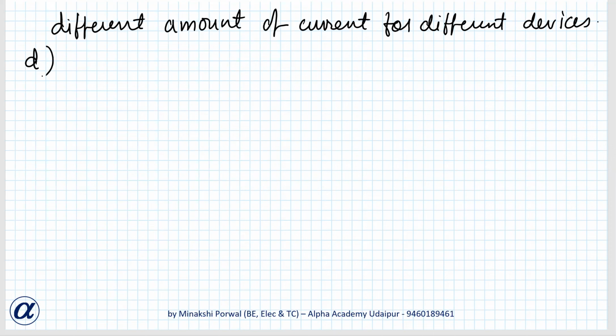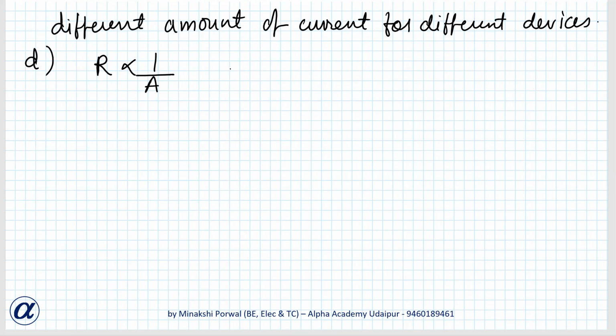Who can tell this answer? Yes, Mudit. The resistance of a wire is inversely proportional to its cross-sectional area. So a thick wire has less resistance and a thin wire has more resistance. Good. So you can write R is inversely proportional to 1 upon A.